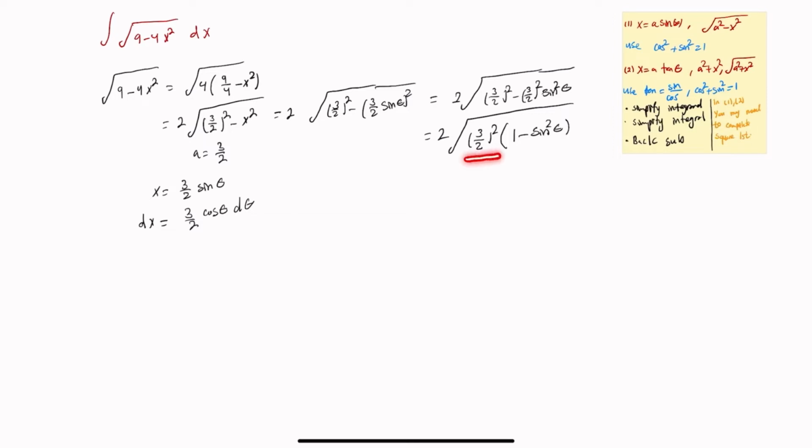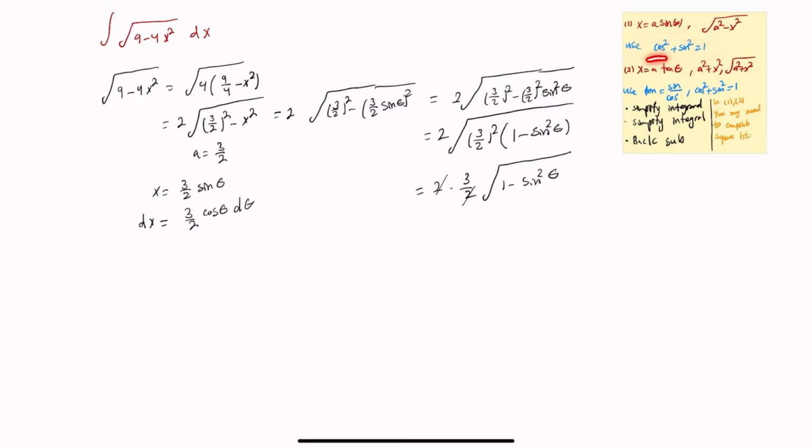Now I can pull this out of the square root. So we're going to have 2 multiplied by 3 over 2. Then we have the square root of 1 minus sine squared of theta. Now note, this 2 will cancel with this 2. And then for this term, it's just going to be equal to cosine squared from this identity in here.